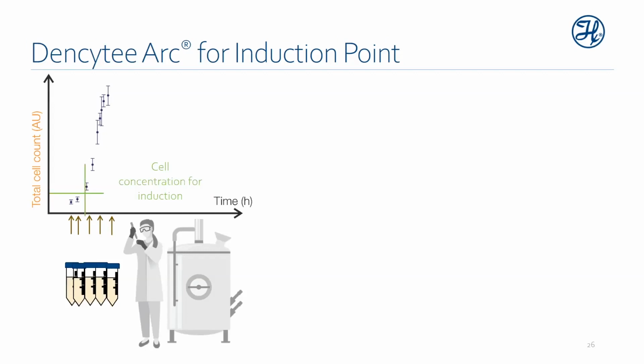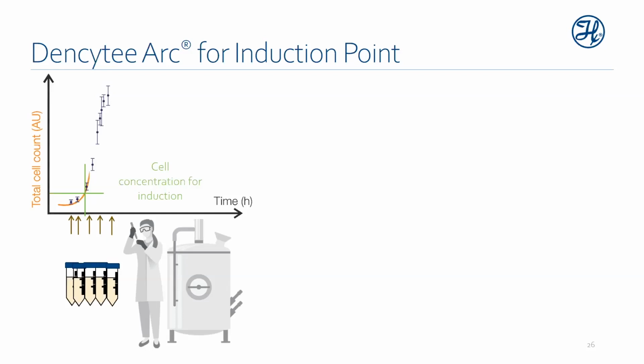Now, if you include an inline TCD measurement with, say, a Dencytee Arc sensor, you have a signal that's continuously output, even on, say, ArcAir from the experiments tab, and you can look at that value at any given point in time, and you'll know exactly when you hit your specific TCD density to make your induction point.